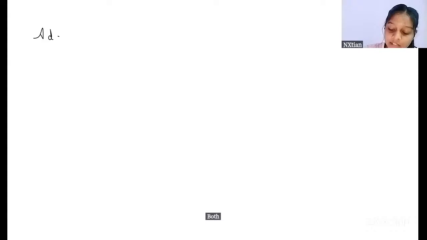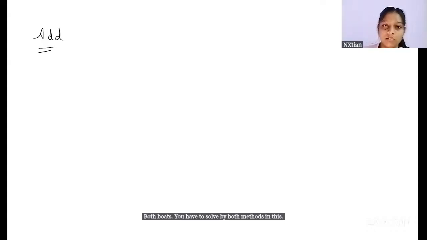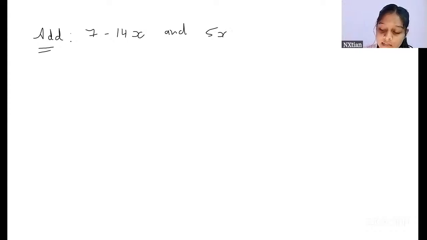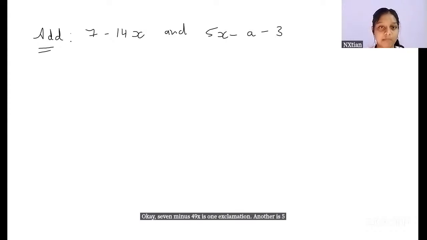You have to solve by both methods in this. 7 minus 14x is one expression, another is 5x minus a minus 3. First do the grouping, then do the same thing with the column method.